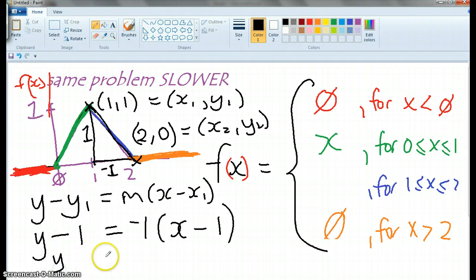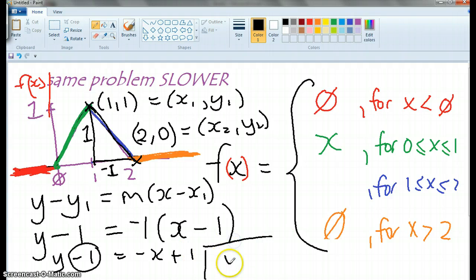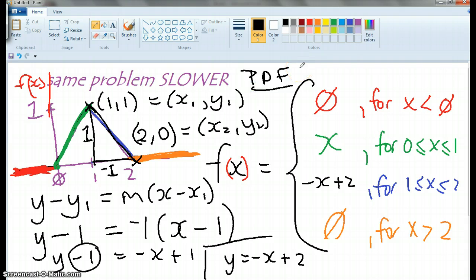So y minus 1 equals negative x plus 1. Negative times negative is positive. And then this minus 1 becomes plus 1 on the other side. So we get y equals negative x plus 2. Yeah? So negative x plus 2 for that section of our triangular probability density function. Okay? Did I get it right? Yes, thank you. That's better?